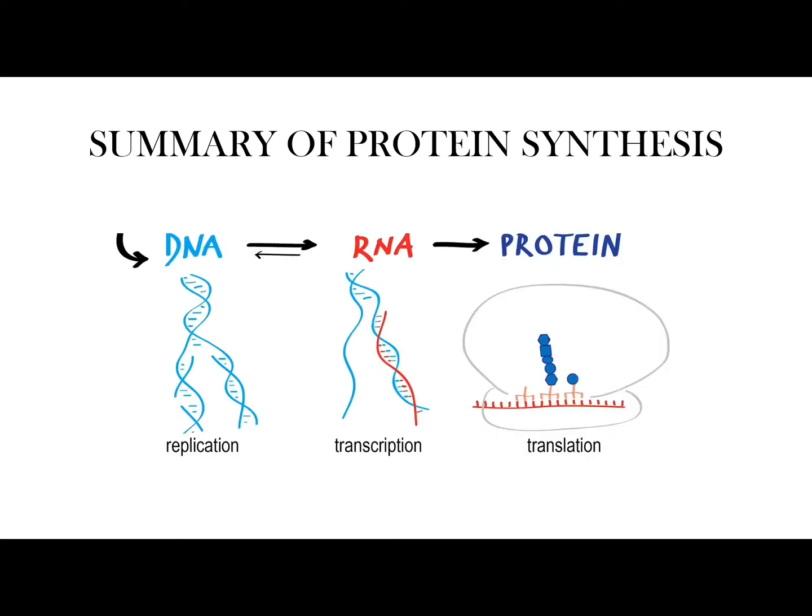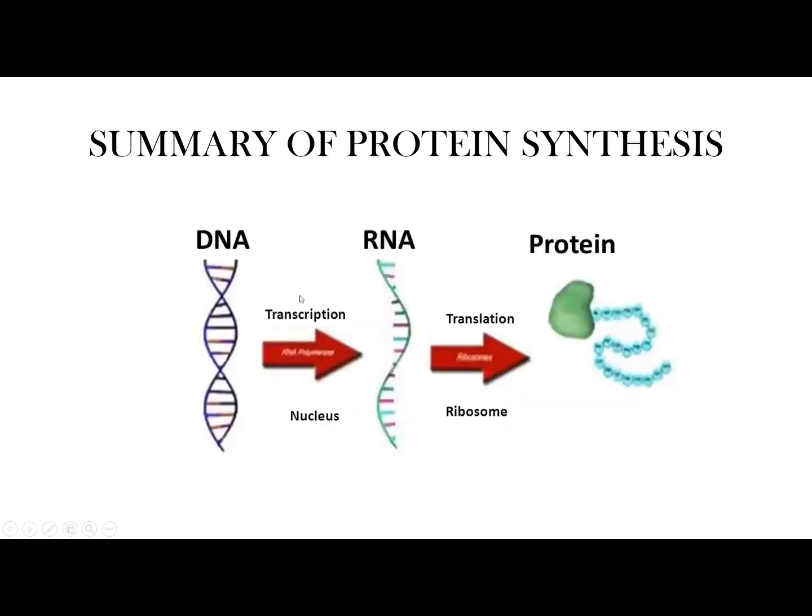The DNA in the nucleus will be transcribed into an mRNA strand, which stores the genetic code for protein synthesis, and then the mRNA strand will be translated into proteins, into strands of amino acids. The transcription process happens in the nucleus while the translation process happens in the cytoplasm with the help of ribosomes.